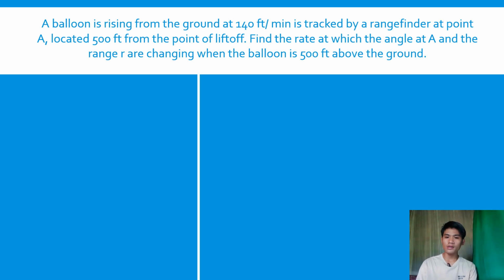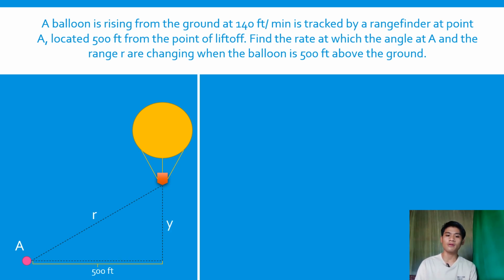This is our given, and the process is the same as in the last video. We should first be able to illustrate the given, for an easy and effective way of finding what is asked. So first, let us illustrate the balloon, the point A, and the angle it forms.